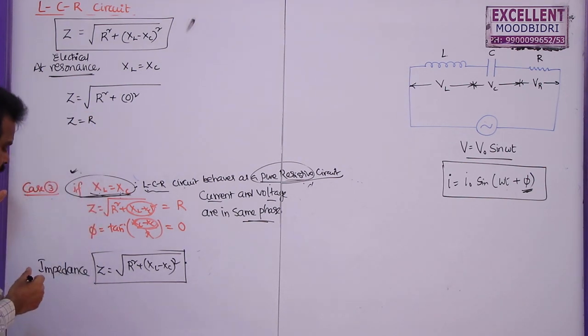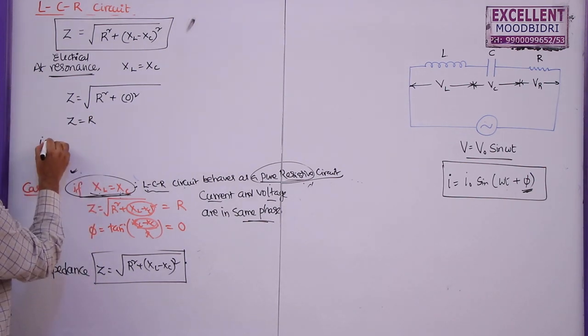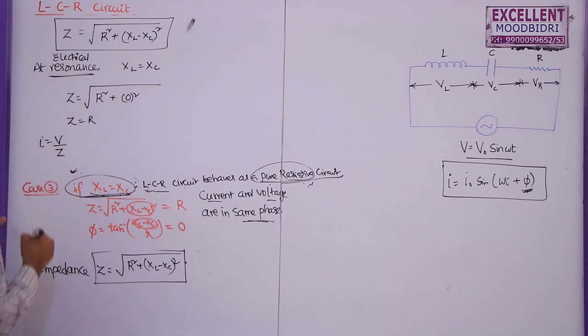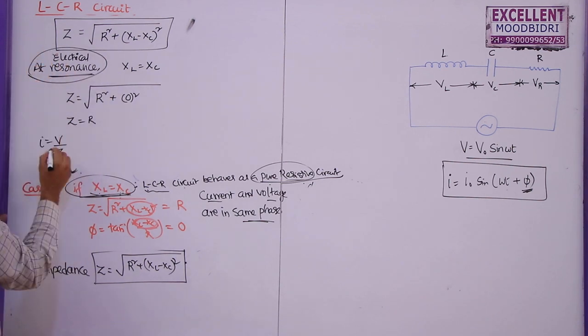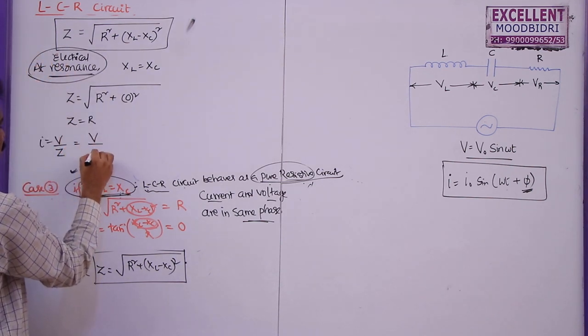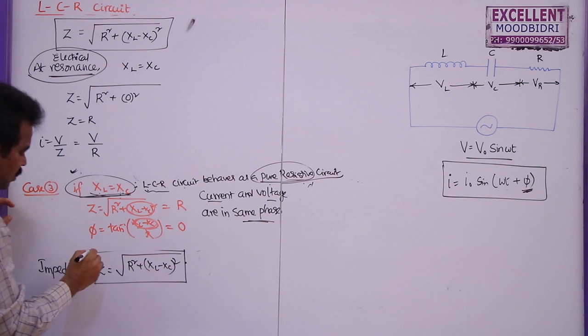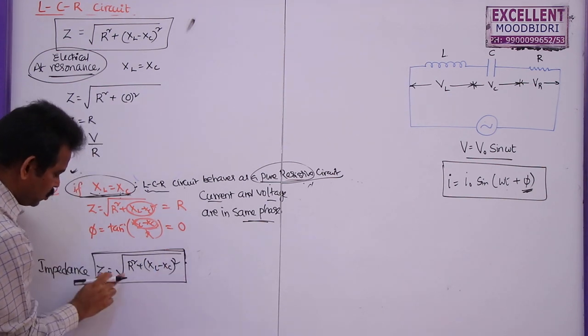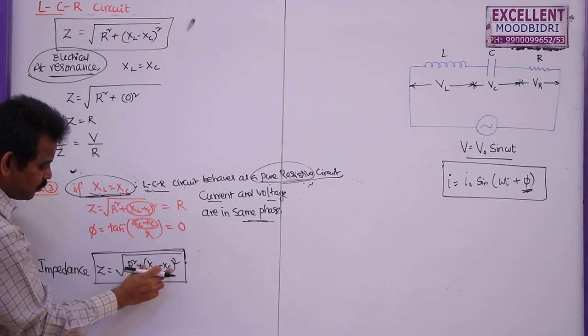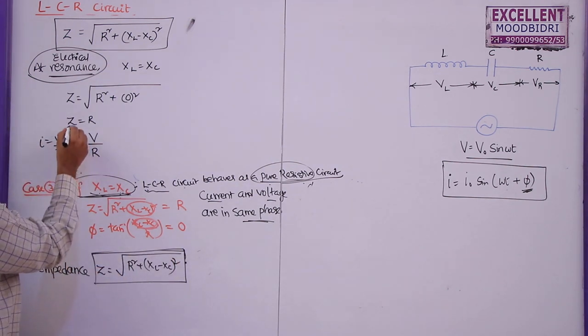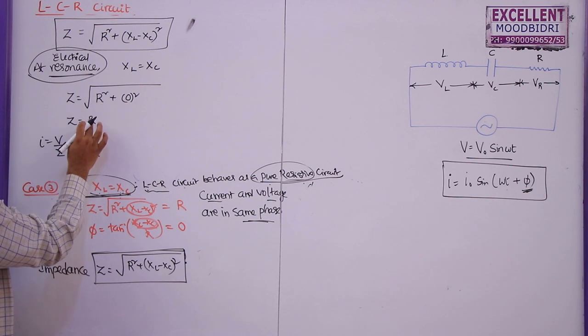We know how to find the current through a circuit. I is equal to V by Z generally for a LCR series circuit. But as we are going to find out the current at resonance, we can write V by R only. In general, impedance is root over R square plus some value, so it will be greater than R. But here Z is equal to root over R square or simply R only.